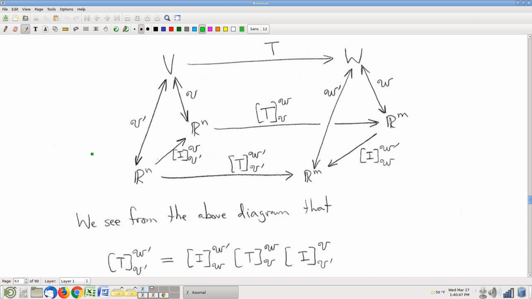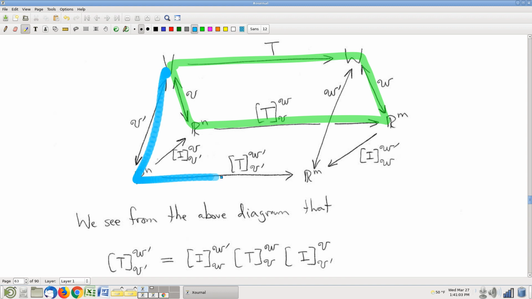So, just like we can do a change of basis for vectors, wouldn't it stand to reason we could do a change of basis for linear transformations? And we talked about the idea for this last time. This part of the diagram represents how you'd represent T with respect to one pair of bases. This face of the diagram represents how you'd represent the same transformation with respect to a different pair of bases.